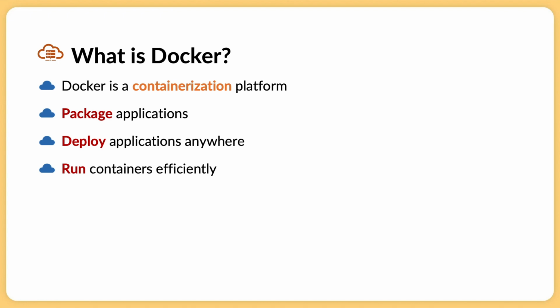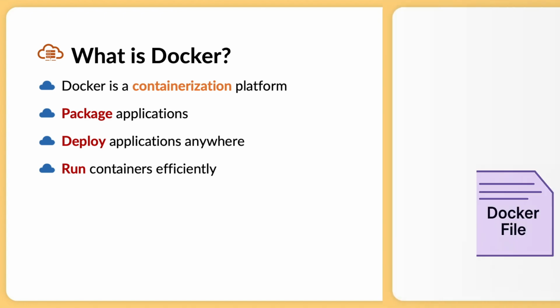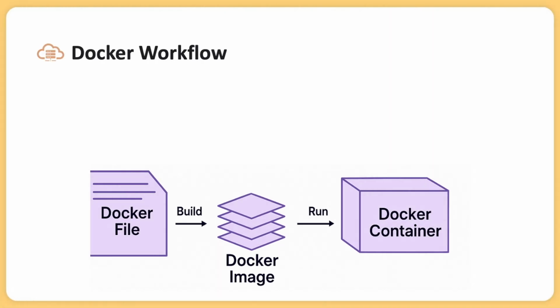Now let's understand the Docker workflow. So the Docker workflow is similar to the container workflow because of course this is a containerization platform, right? So if you need to run a container using the Docker tool, there's no difference from what we have learned in the container workflow.